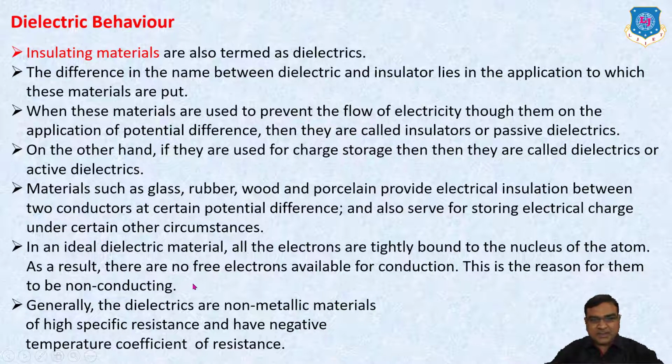As a result, there are no free electrons available for conduction. This is the reason for them to be non-conducting. Generally, dielectrics are non-metallic materials of high specific resistance and have a negative temperature coefficient of resistance.